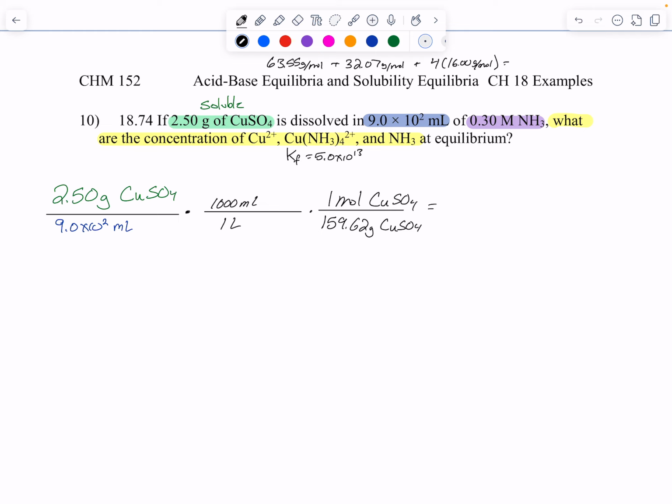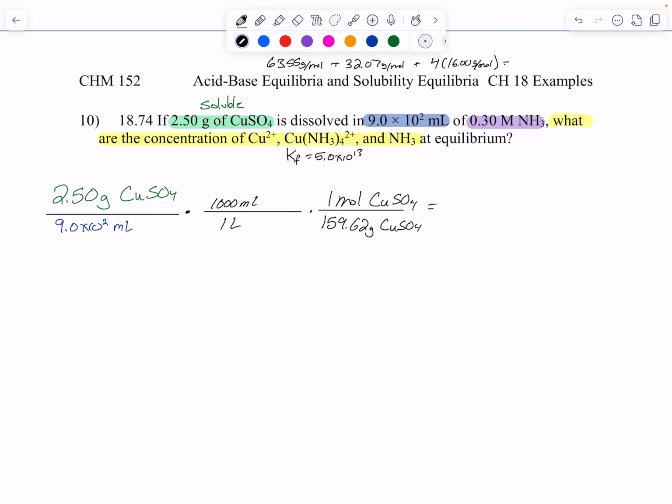All right. And so if we do this math, we would do 2.5 divided by 9.0 times 10 to the -2 times 1,000, divided by 159.62.